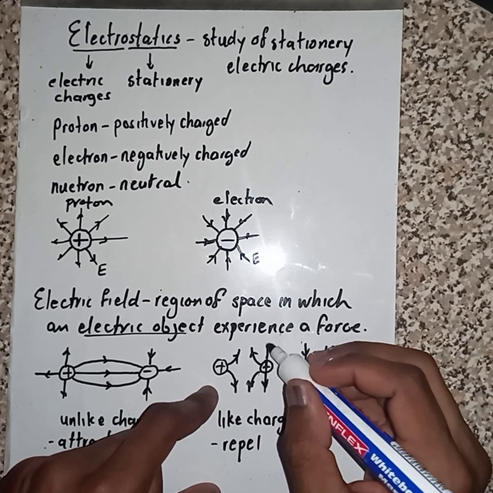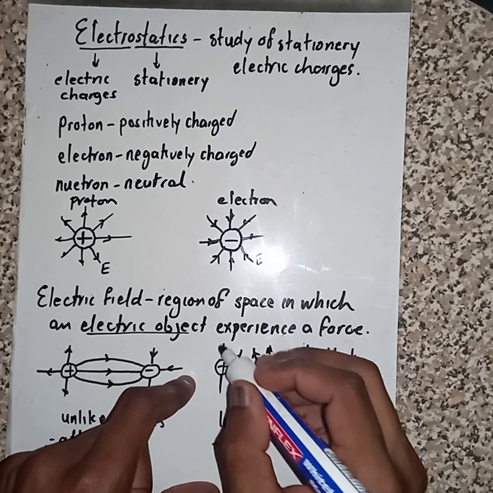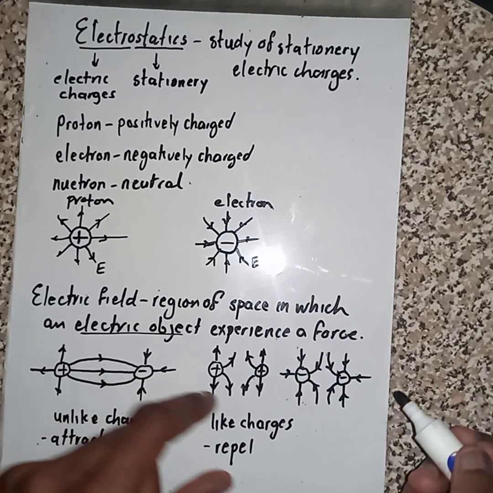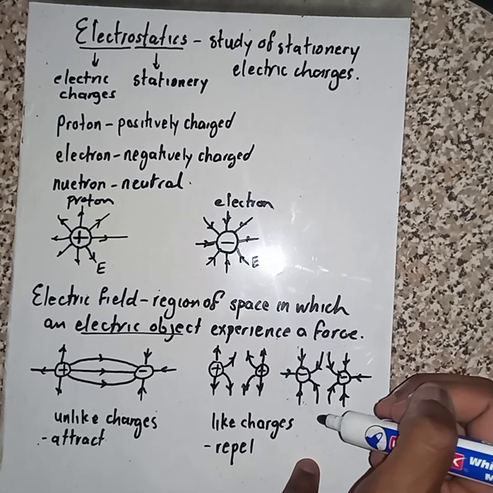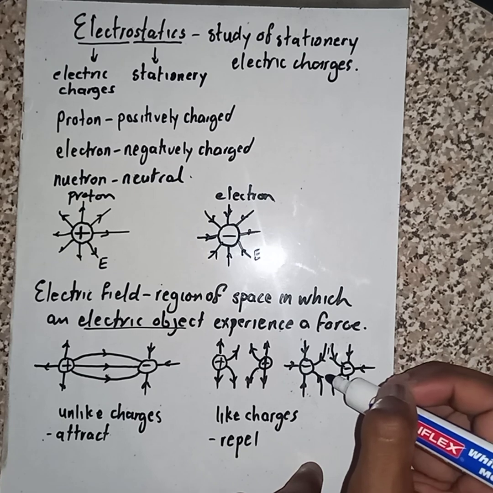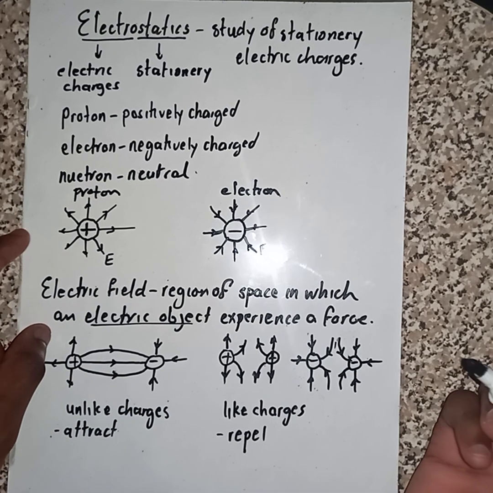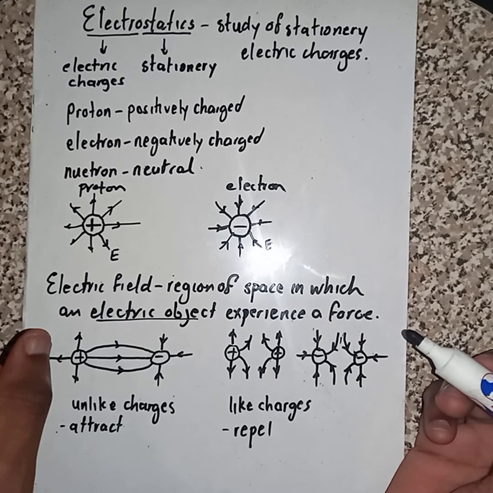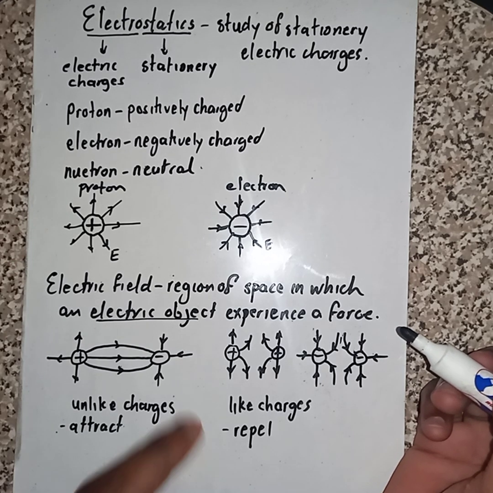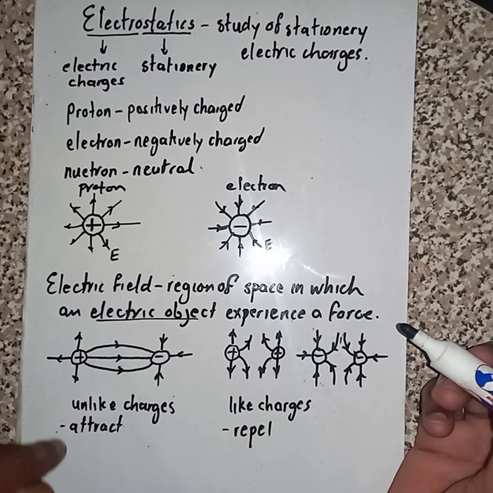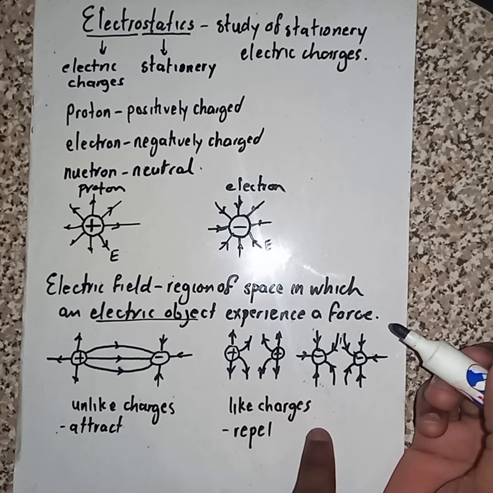For this one, we said it's away. Then we see the gap. Eventually, for this one, they repel as well. What we have learned is that two unlike charges attract, and like charges repel.